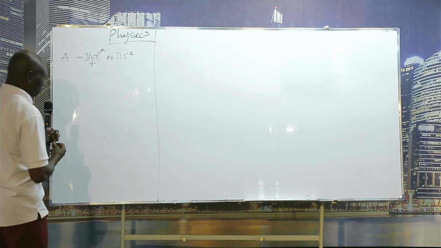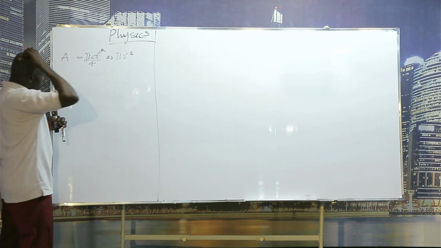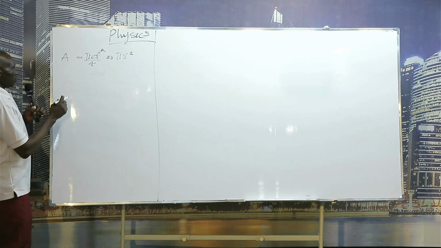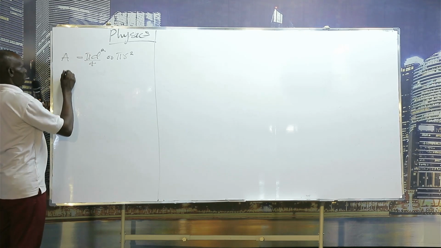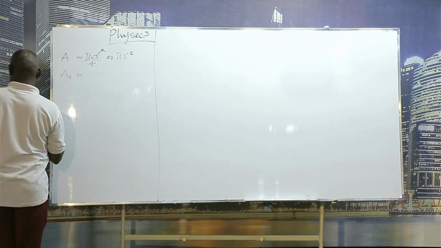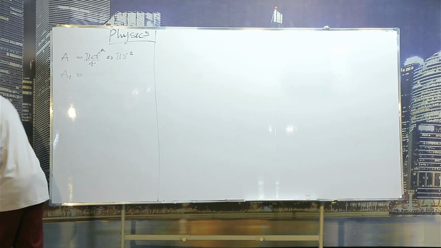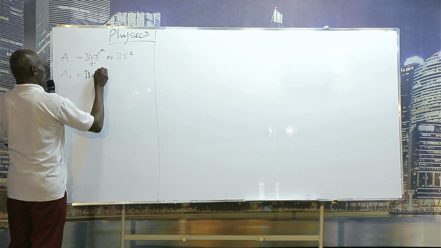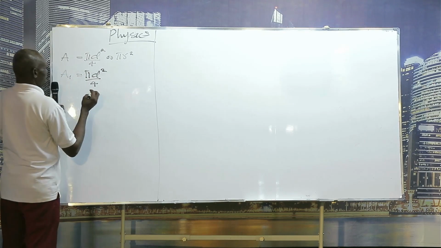That's learning. Now, from the question, what's the diameter? 70. So my A1 can be pi d squared over 4.